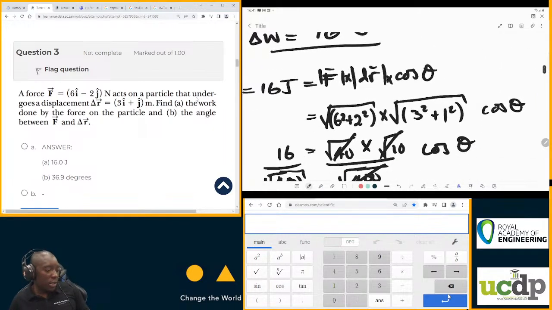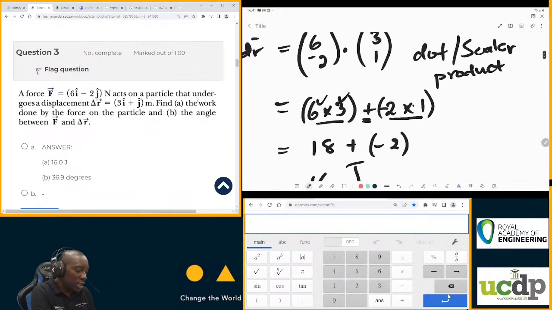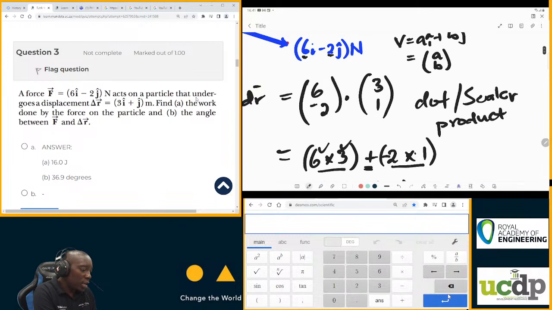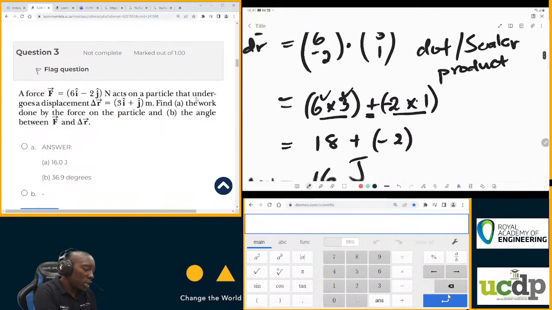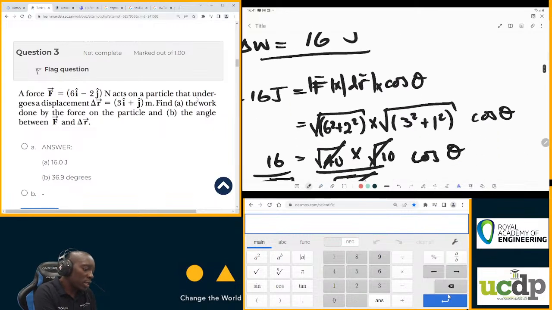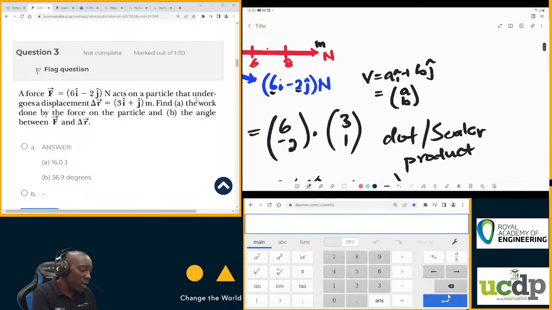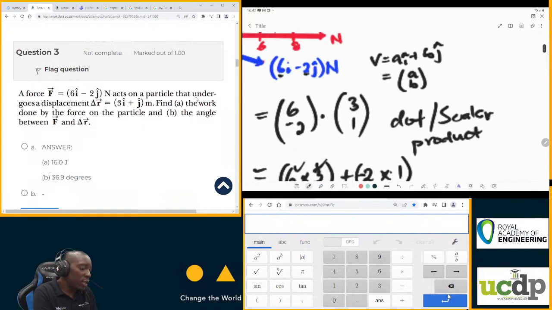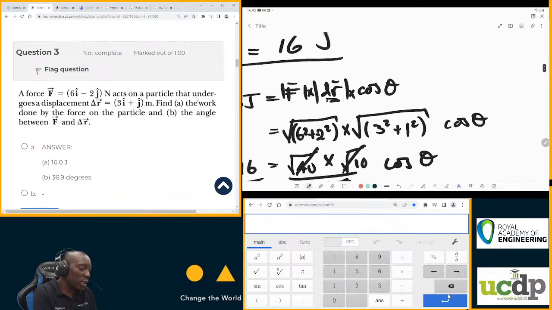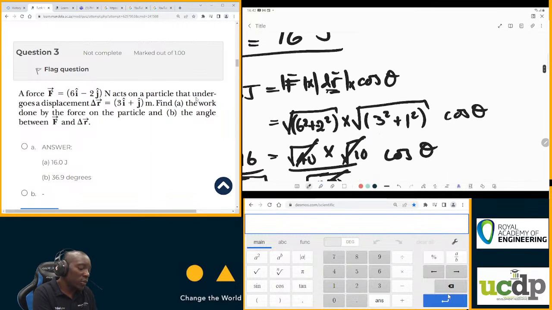So what we have here is the magnitude of f. I don't know why I just looked at these products. Magnitude of f is the root of 6 squared plus minus 2 squared. So the minus 2 is supposed to be there, but minus 2 squared and 2 squared are the same. They'll give us 40. And the magnitude of r is the root of 3 squared plus 1 squared, root of 10.